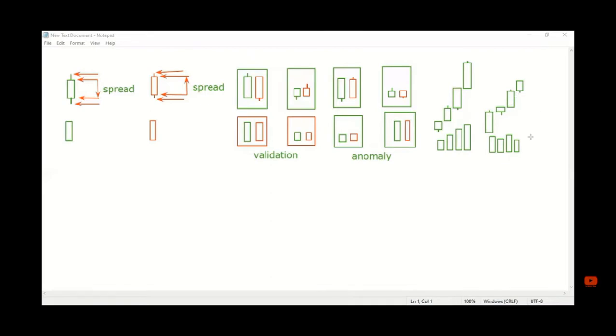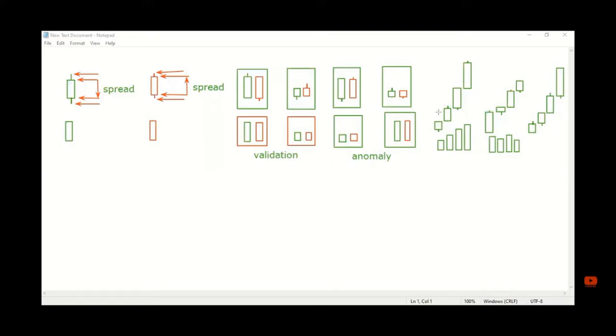But when the market creates this type of situation: first candle, second candle, third candle, and the fourth candle. So the market step by step becomes stronger like this one.